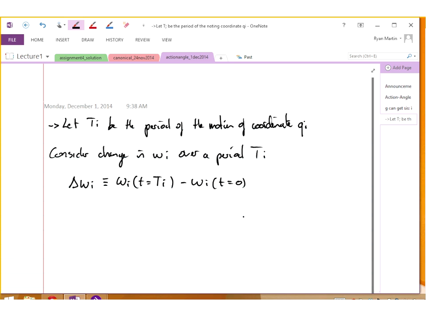That's if I use beta I plus nu I at Ti minus beta I plus nu I at 0.